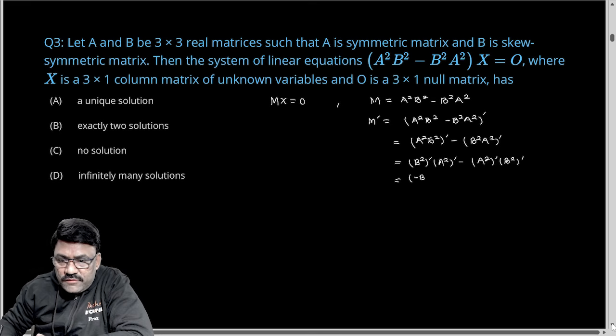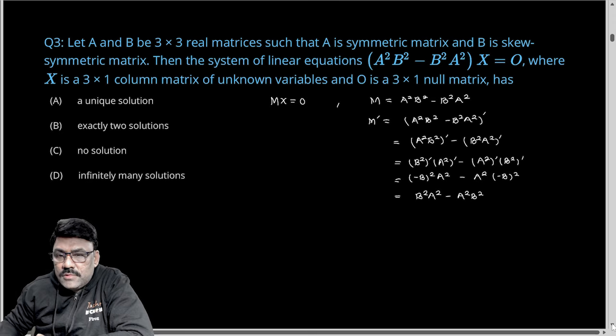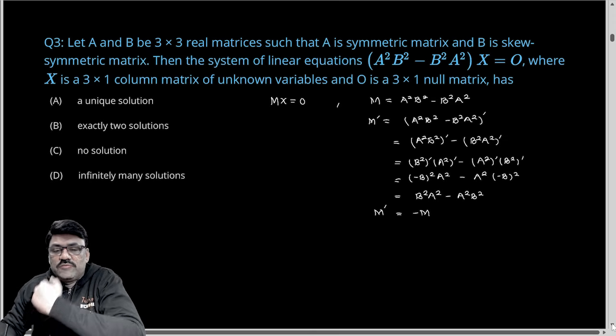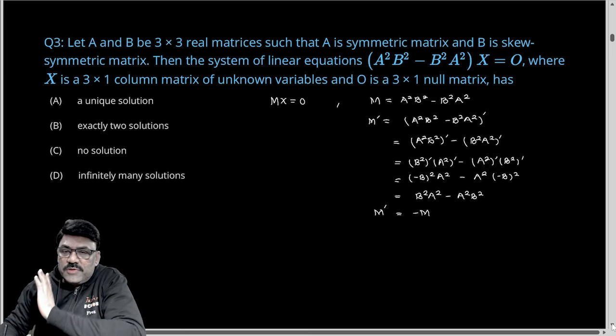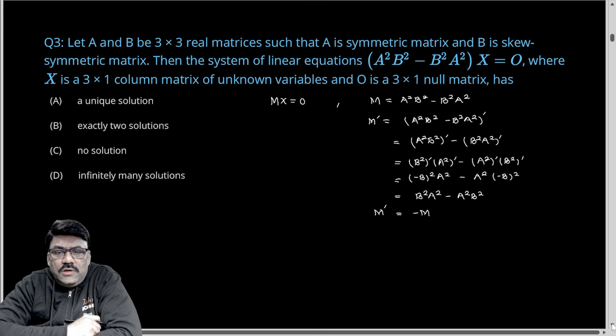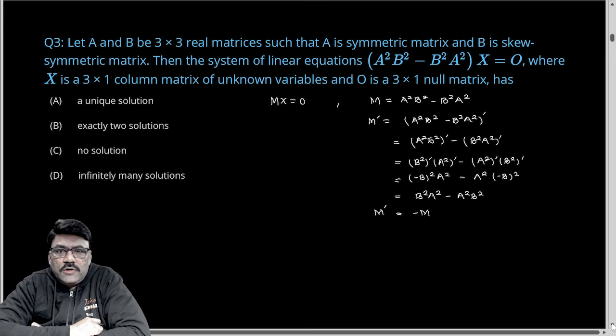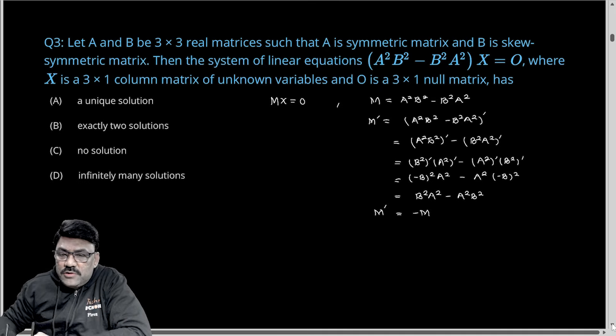So it is B square A square minus A square B square, which is nothing but minus M. So you can see that M transpose is negative of M, means M is a skew symmetric matrix. And you know that any skew symmetric matrix of odd order, the determinant will be 0. Since M is a skew symmetric matrix of order 3 by 3, the determinant of M will be 0 here.